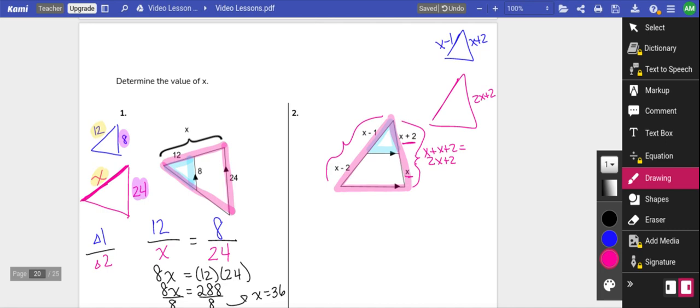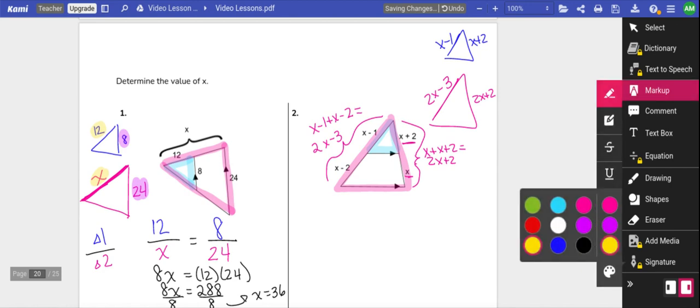I need to label the whole side. So I have x minus 1, and I need to add x minus 2. If I combine like terms, I get 2x minus 3.